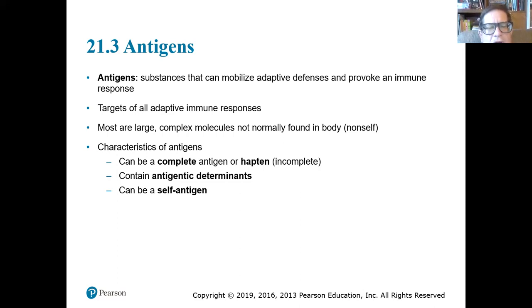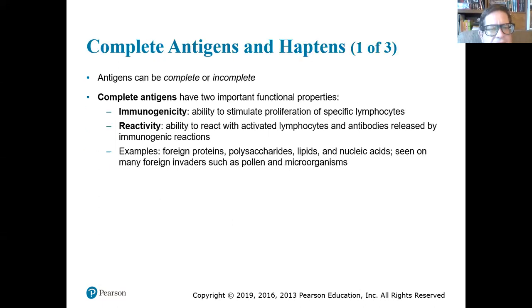Most of them are large, complex molecules that shouldn't be in the body. And what are the characteristics? It could be a complete antigen or a hapten, which is a partial antigen. It could have antigenic determinants. It could be a self-antigen. Going through each of those, an antigen can be complete or incomplete.